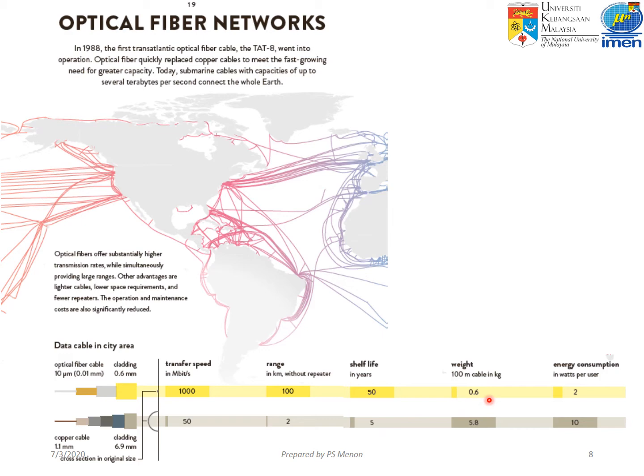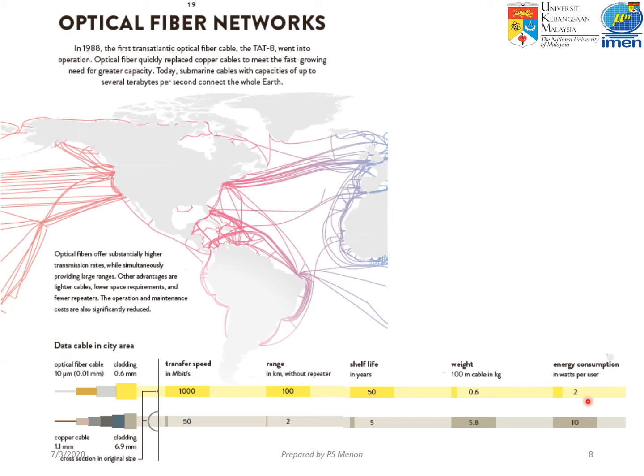In terms of weight, the fiber cable is very light: 100 meters of cable is only 0.6 kg. Copper cable, since it's made from metal, is 5.8 kg per 100 meters, so very heavy.